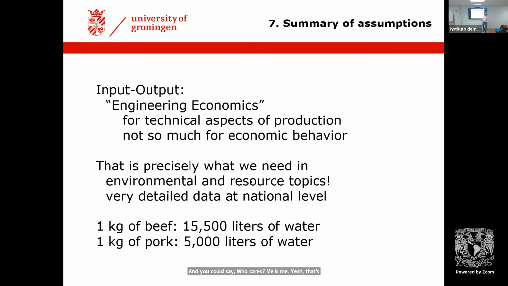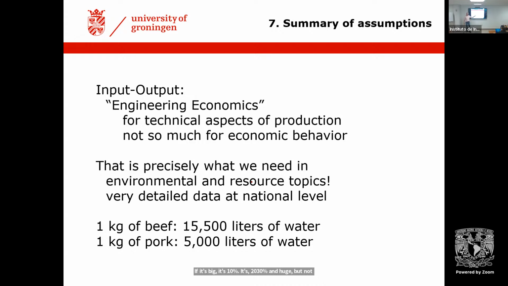I like pork as much as I like beef, but not in terms of water. So there's a factor 3. This is 300%. How much do you think is the substitution elasticity between beef and pork? Probably if it's big, it's 10%, 20, 30%, and huge, but not 300%.